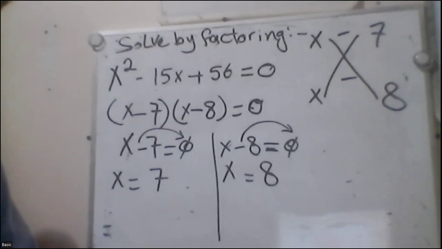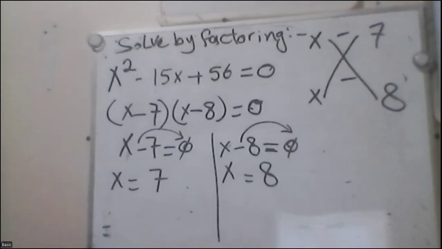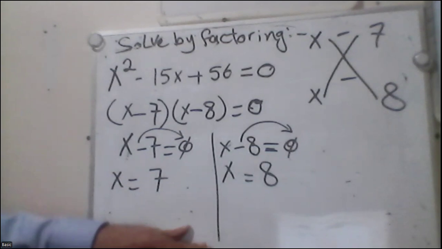Same example which we did, but we will also get the axis of symmetry, because we said the axis of symmetry is the average of the x values. So we'll do the same thing.